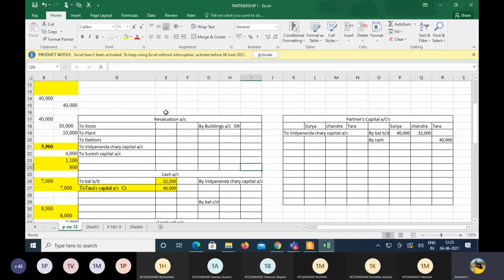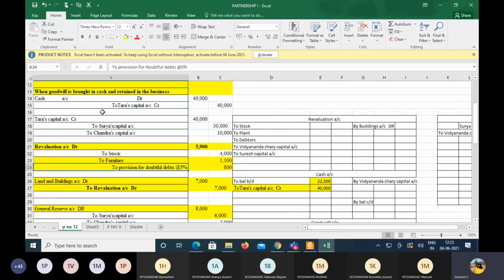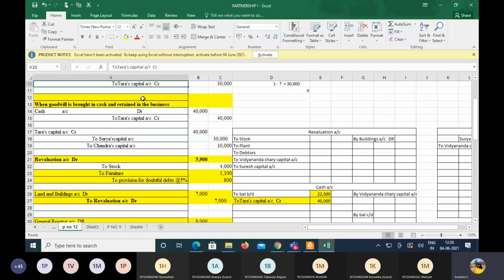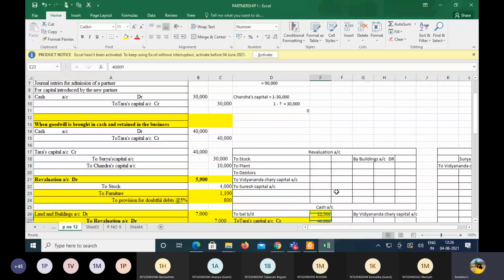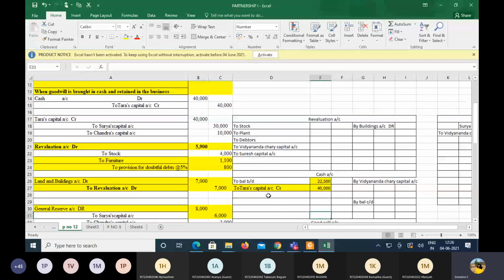Next again we have cash to goodwill. So cash to goodwill here is 30. Sorry. Let me fix this first. Then cash to goodwill is 40,000. Okay.